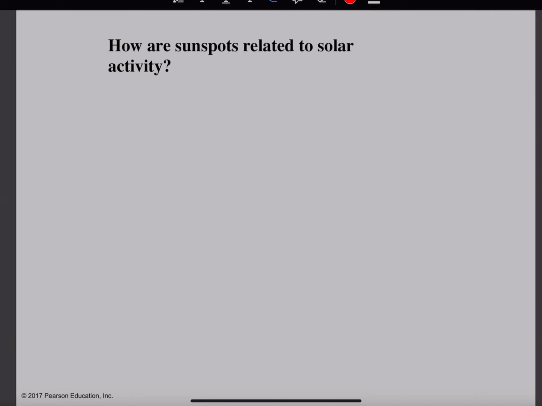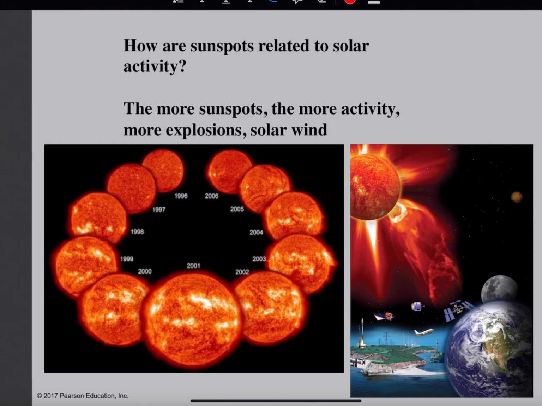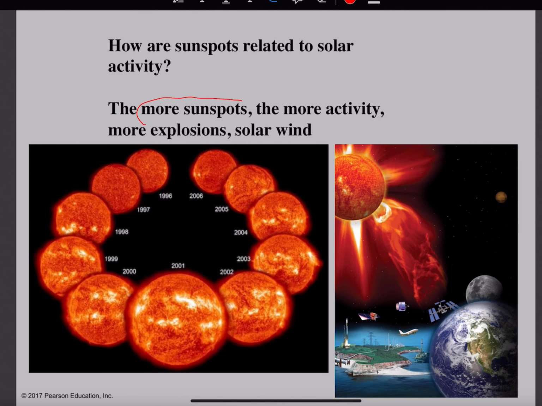All right, and next one. How are sunspots related to solar activity? So the more sunspots you see, the more active the sun is, and the more explosions there are.